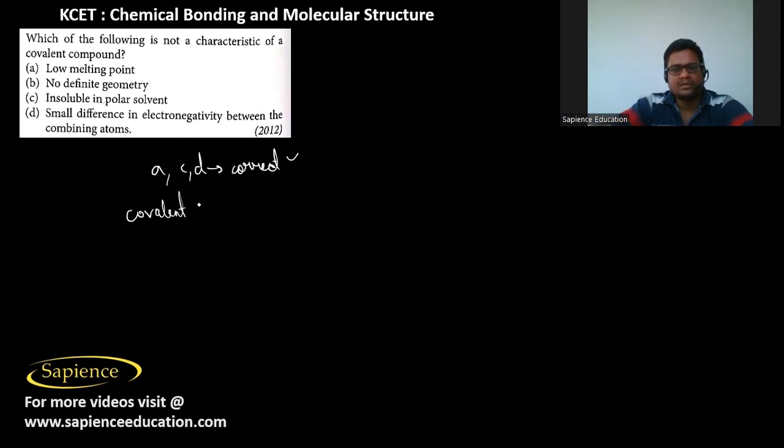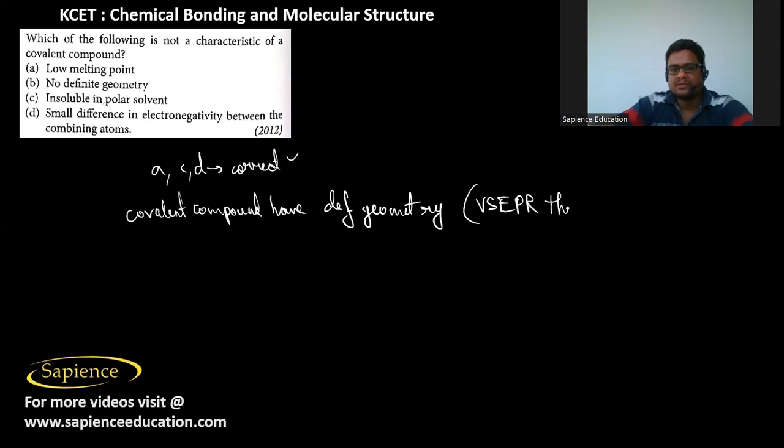We know that covalent compounds have definite geometry, and the shape of those compounds can be obtained using the VSEPR theory, which is the valence shell electron pair repulsion theory. So it has no definite geometry, that statement is wrong. So option B is the correct answer.